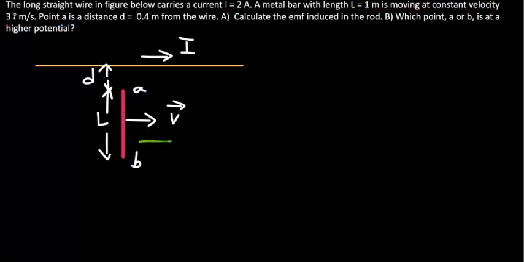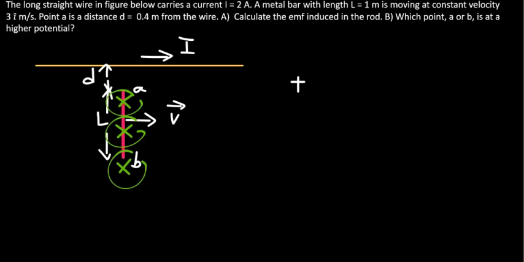So this metallic bar is moving in a region where there is magnetic field, and the magnetic field is created by this long straight wire carrying current. The direction of the magnetic field is in the form of concentric circles. So on the plane where the metal bar is moving, the direction of the magnetic field will be going into the plane, like that.